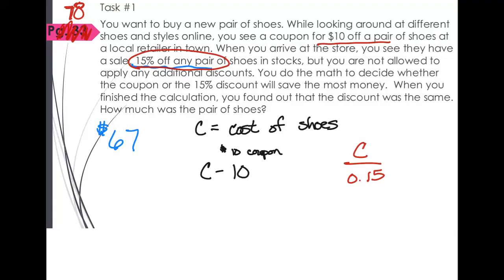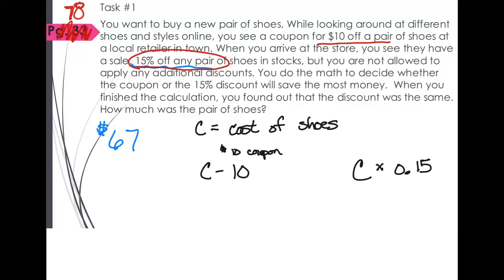When it says 15% off something, what do I want to do with that 15%? I don't want to divide. Multiply. Yes. So over here we have the cost of the shoes, and we're going to say times. What is 15% as a decimal though? Right. So 0.15.